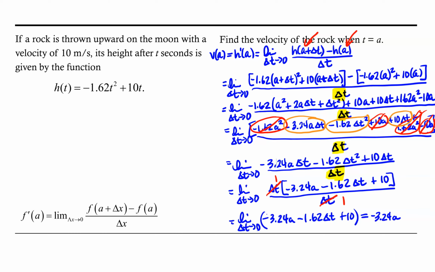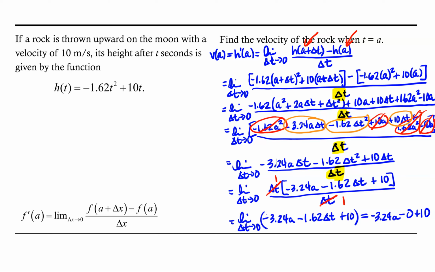Negative 1.62 delta t will go to 0 because 1.62 times numbers that are approaching 0 will approach 0. And then 10. As delta t approaches 0, 10 will continue to approach 10.